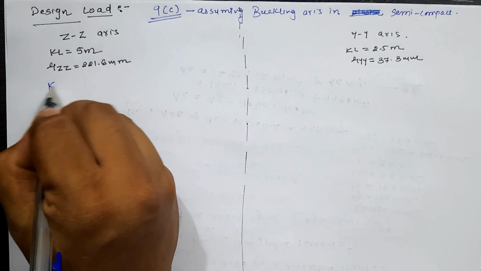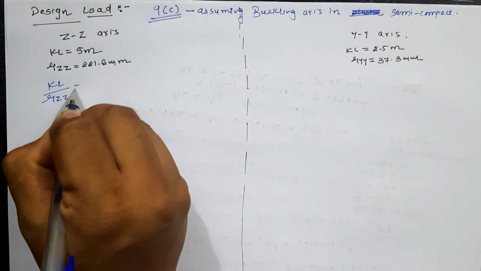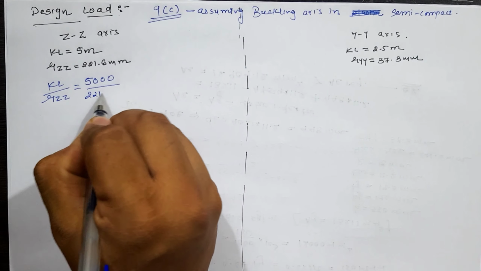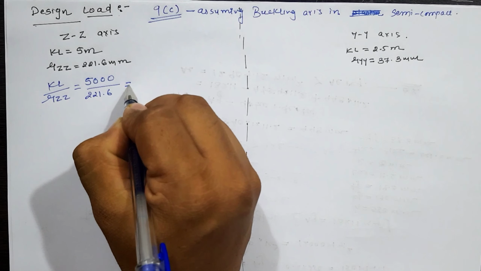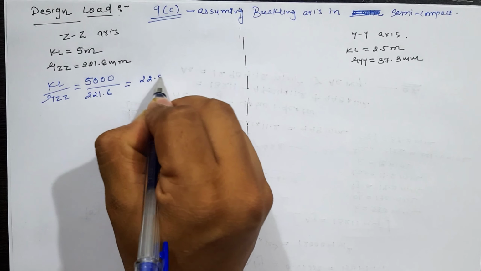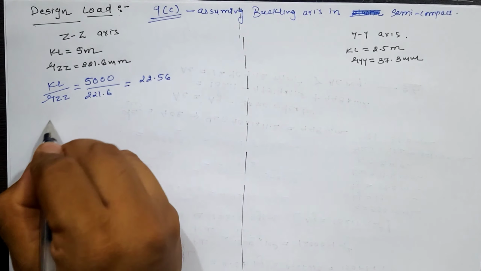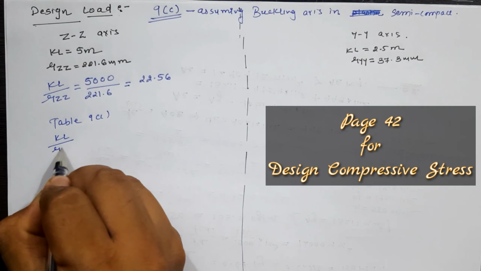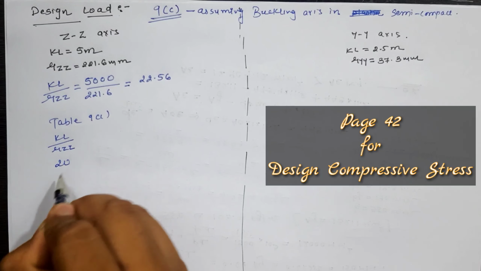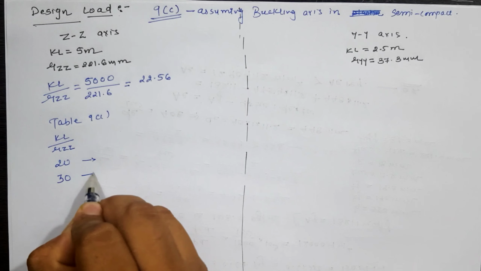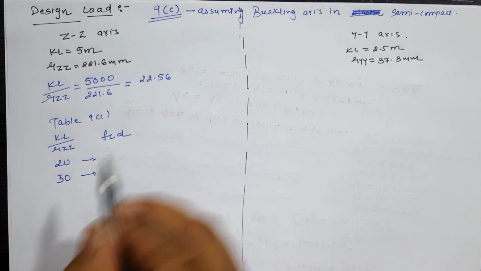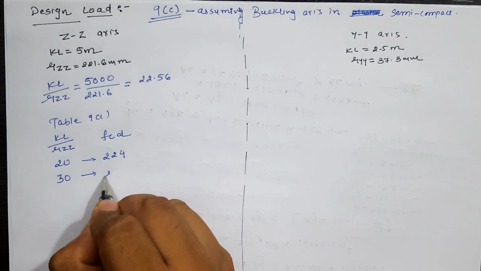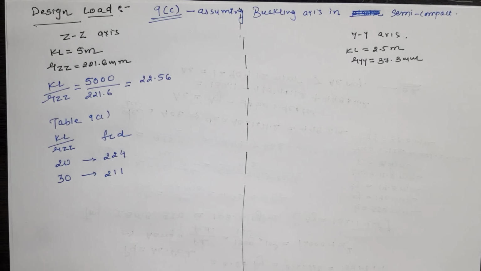Now first of all, the value KL by r is equal to 5000 in mm divided by 221.6, which is equal to 22.56. Now using table number 9C, the value range is between 20 and 30. The value of fcd is 224 and 211 Newton per mm square.